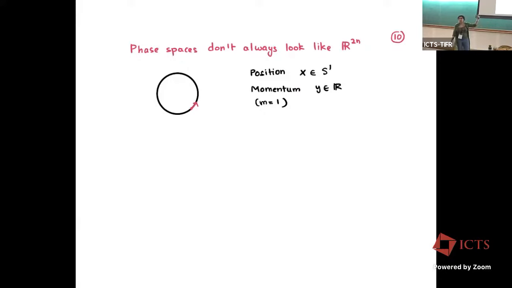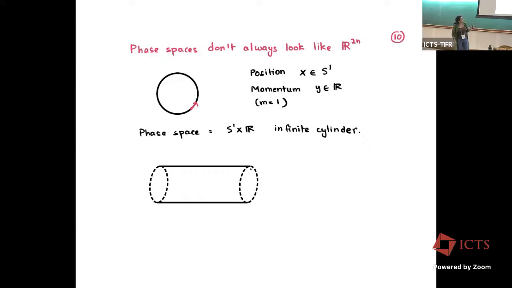Again, we are taking mass equal to 1. So the phase space looks like one infinite cylinder, right? S^1, so circle times infinite line. So you get an infinite cylinder. And that clearly does not look like R^2, or any R^n.